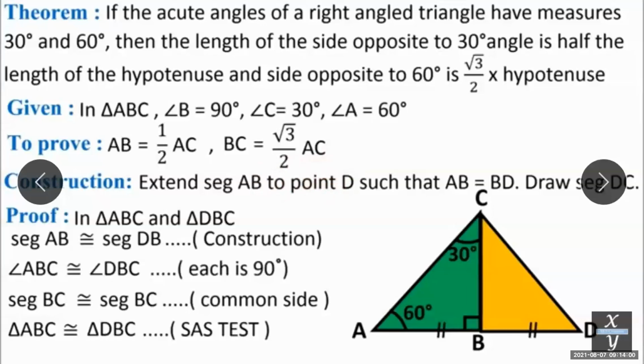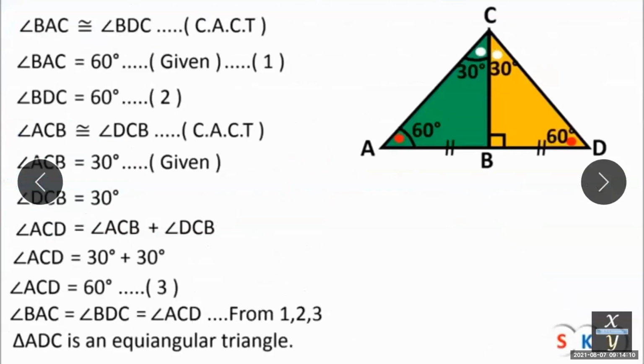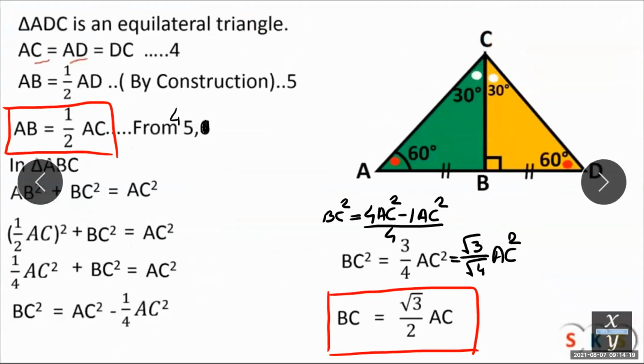First, show two triangles congruent to each other. As the triangles are congruent, all angles will also be congruent. So the type of triangle will be an equiangular triangle here. And as it is equiangular, it will be equilateral.